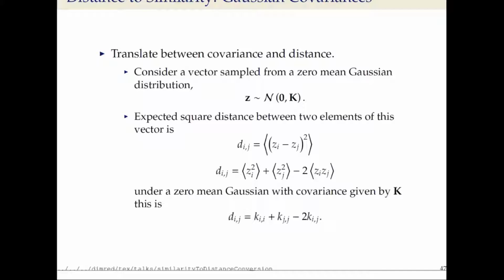Now you can see why I always use squared distances, because it's easy to write down these things. It's this. Expectation of Zi squared plus Zj squared, minus 2 Zi Zj, which, if it's zero mean, is just the variance of Zi plus the variance of Zj, minus the cross covariance between Zi and Zj.